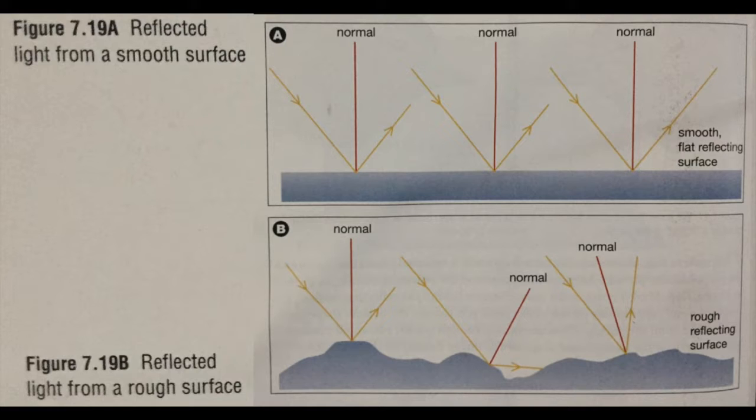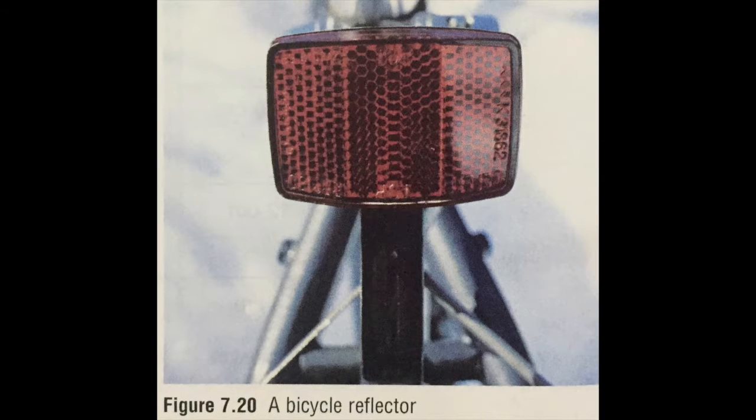Using reflections. Cars and bicycles have reflectors to make these vehicles visible at night. Figure 7.20, that's a bicycle reflector, shows a reflector in which hundreds of tiny, flat, reflecting surfaces are arranged at 90 degrees to one another.